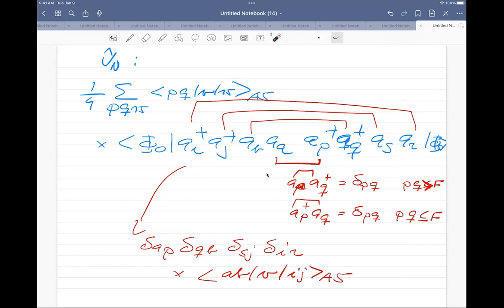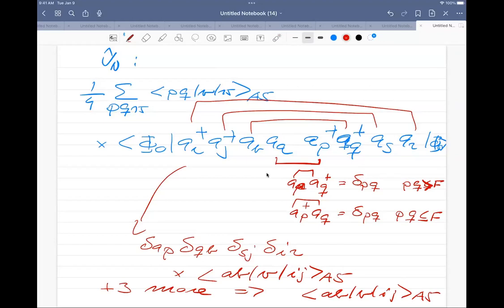Now I have a factor of 1 over 4 here. I will get 4 such terms, some with minus signs, some with plus signs, but then I can use the symmetry of these interaction matrix elements. So if I add 3 more contractions, at the end, what we will get as an answer is <AB|V|IJ>, anti-symmetrized.